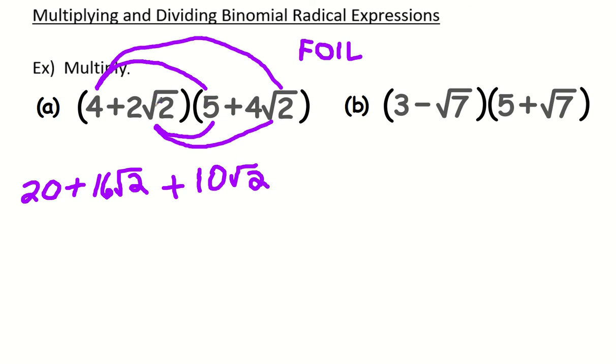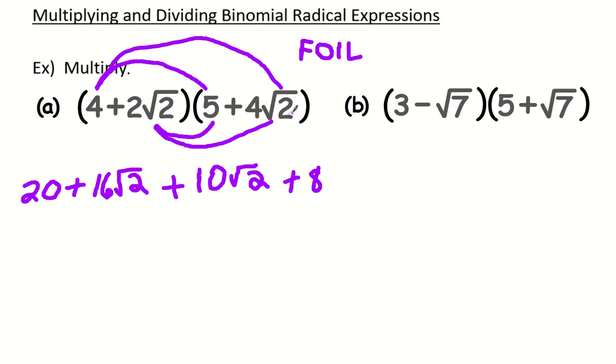And now finally, we do 2 root 2 times 4 root 2. And to do 2 root 2 times 4 root 2, the 2 will be multiplied with the 4 to get 8. And then the root 2 times the root 2, we can do that multiplication.